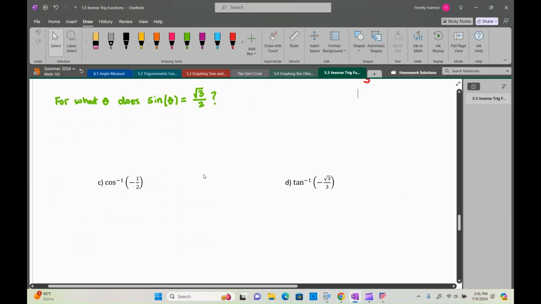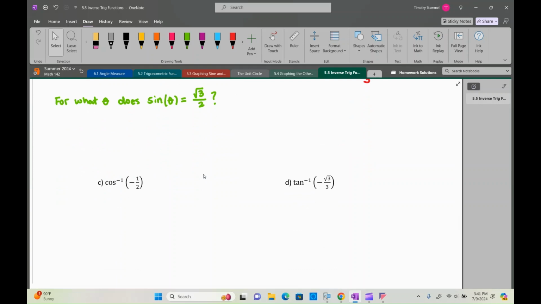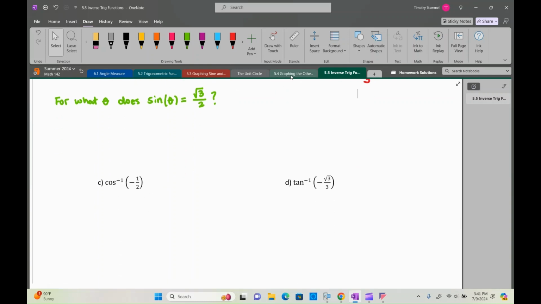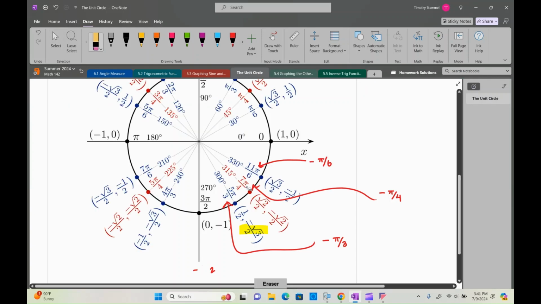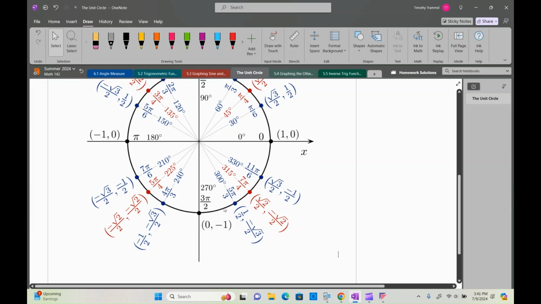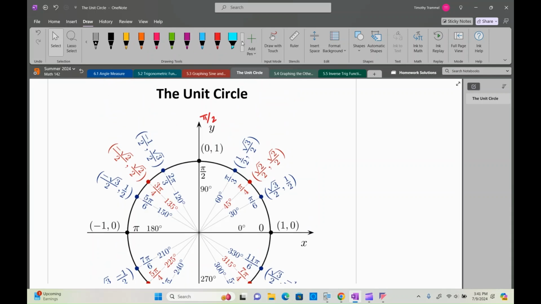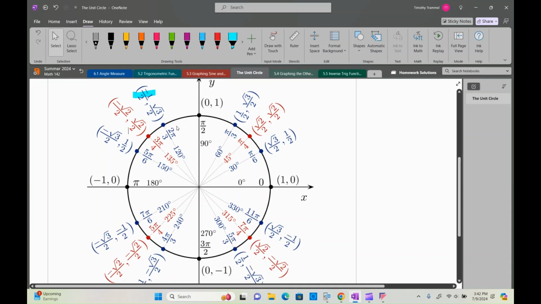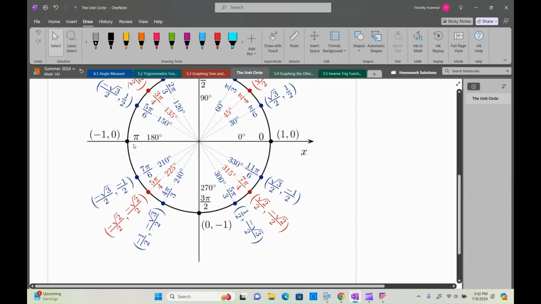All right. Then for cosine inverse, this can only give us angles between 0 and pi. We'll want to keep that in mind as we go and look for the theta such that the x value is minus 1/2. So let's go do that. So if the x value is minus 1/2, I see this one here and I see this one here.